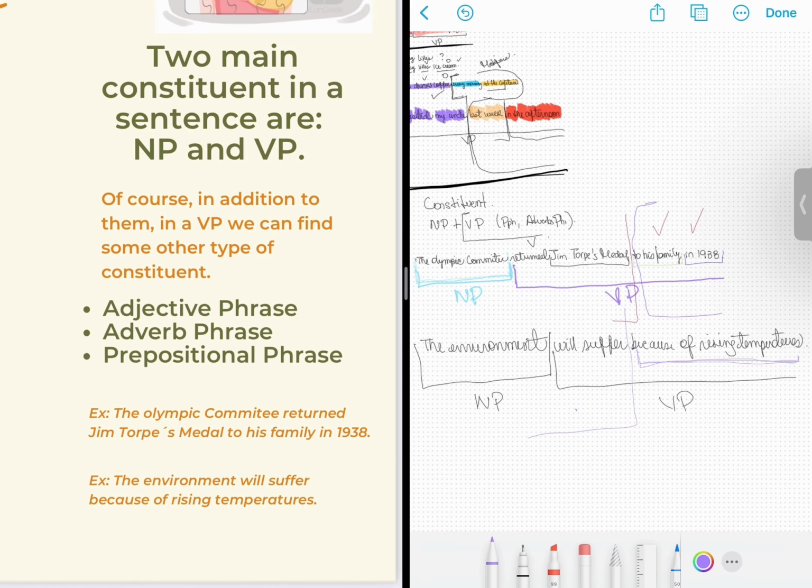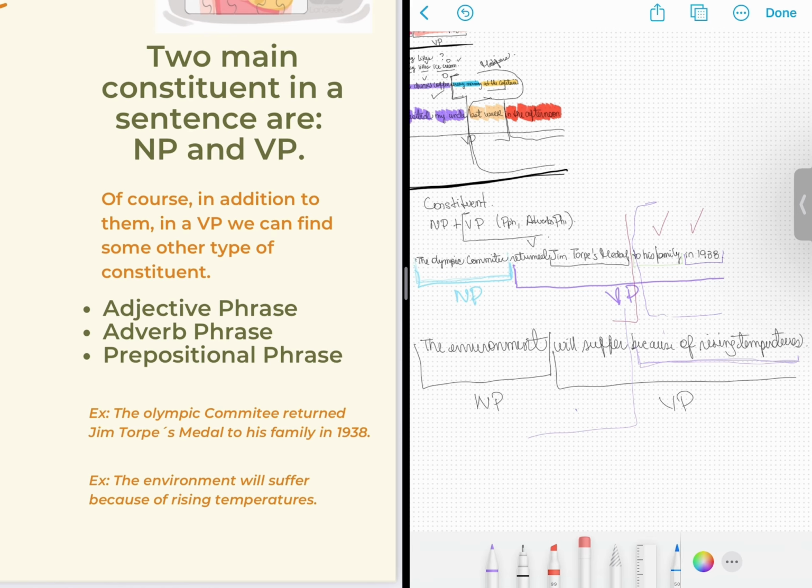Remember that a constituent in some cases could be a word or could be a phrase, a group of words. In this case, a prepositional phrase. And in a prepositional phrase, we always have a noun as a head. But this one is giving me extra information.